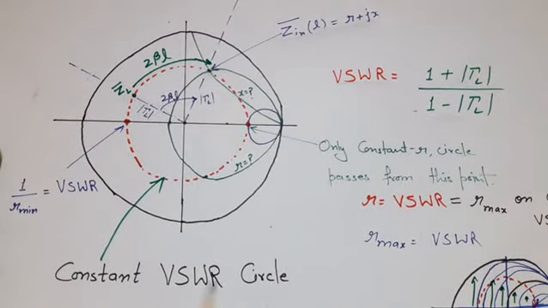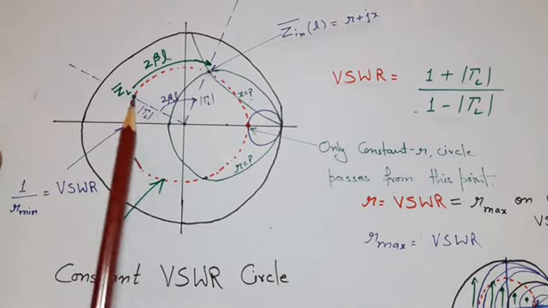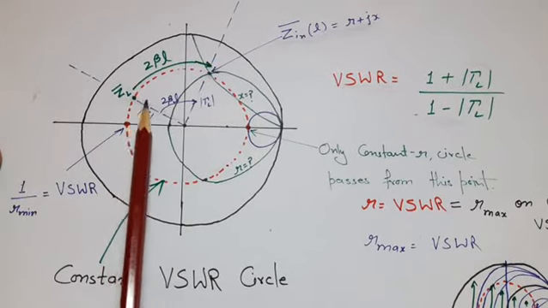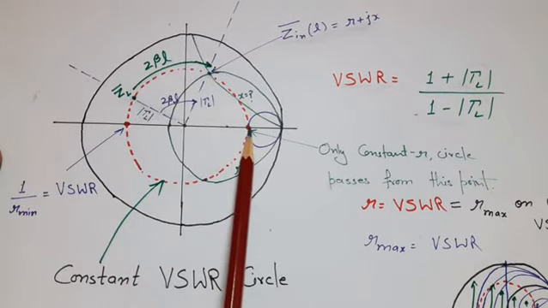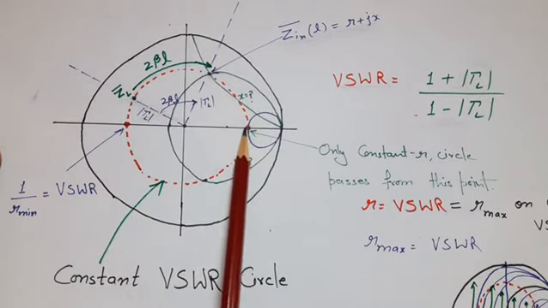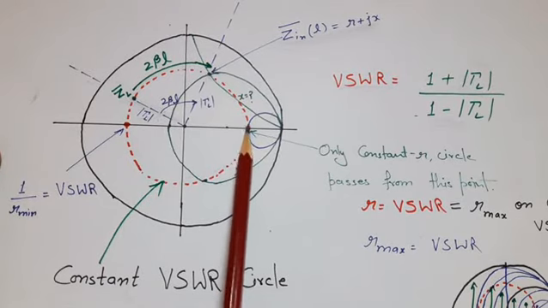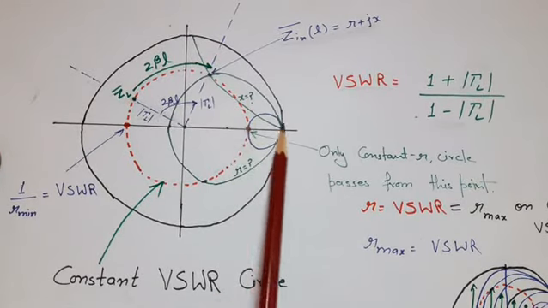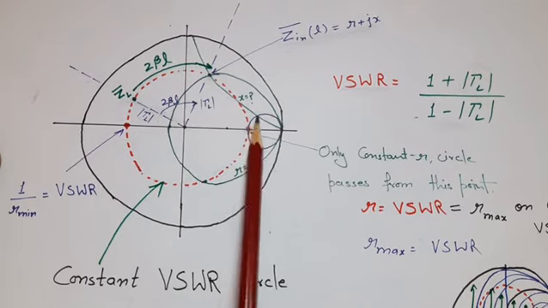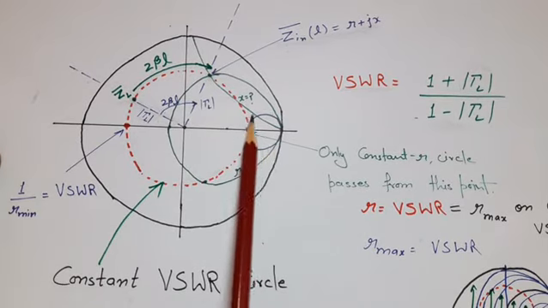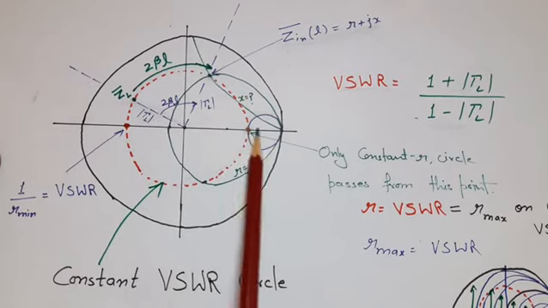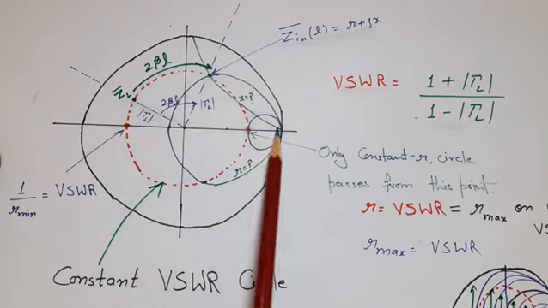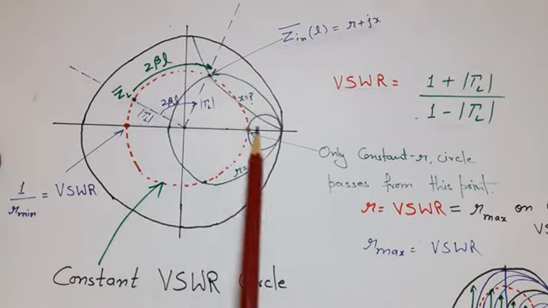Now our question is, what is the value of VSWR corresponding to this magnitude of gamma L? For this we move on the VSWR circle and come to the real axis, and we mark this point which is an intersection of the real axis and the constant VSWR circle. Now for this point we find the normalized impedance. Obviously from this point a constant R circle must be passing, and for this point the constant X circle value is 0, because this point lies on the horizontal axis and this horizontal axis corresponds to X equal to 0.